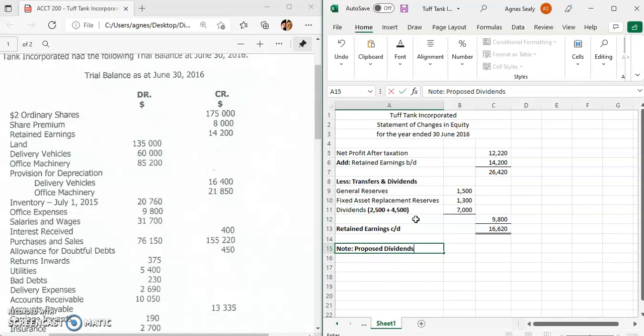But when we are preparing the statement for internal usage, you would have a breakdown so persons know what was happening there and what would have occurred. Okay, so that's it for this video on the statement of changes in equity, if you were doing it for publication.